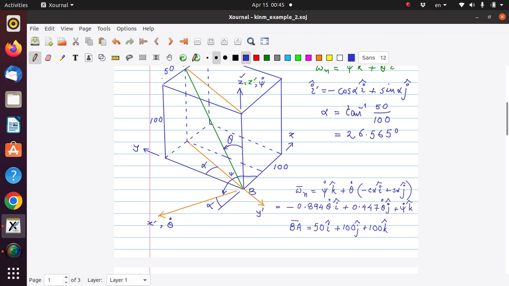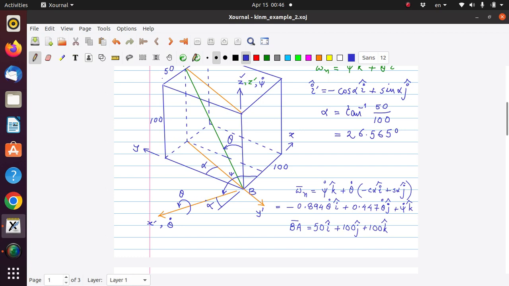So once we get this z and the spin axis, we can identify this plane, and from here to here is the angle theta, the nutation angle, and the perpendicular to this plane is this nutation axis. So theta dot angular velocity is along the nutation axis, and the rotation theta takes place about this nutation axis.